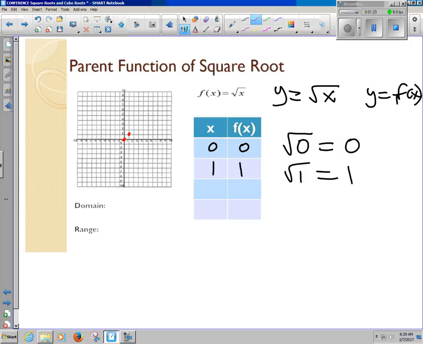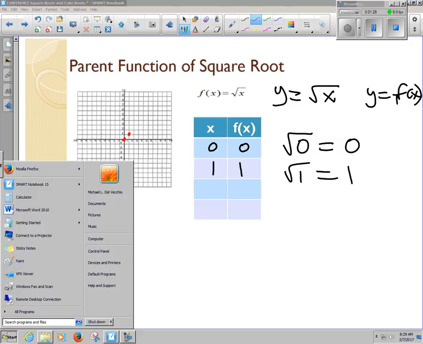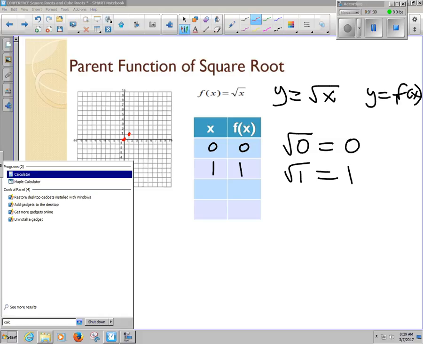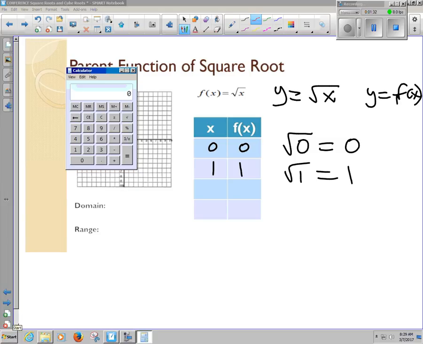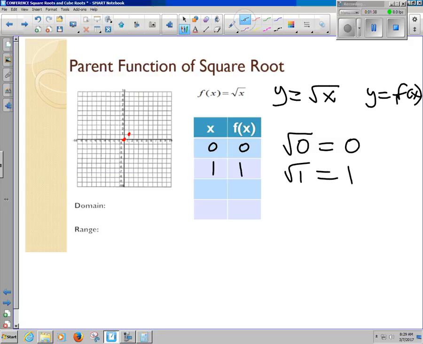And if we were to start plotting these, we might think that we have a line going on. But this is not a line, and we can verify that. Let's go ahead and pull up our calculator. All right, so if I did, for example, the square root of 2 is 1.41.